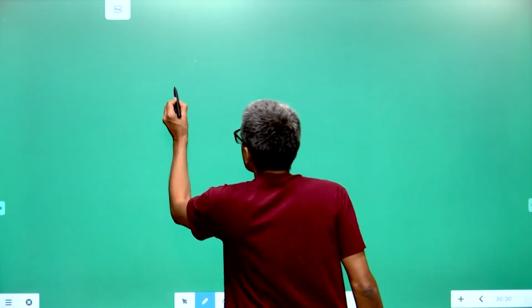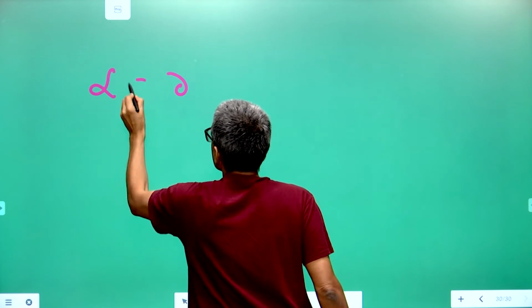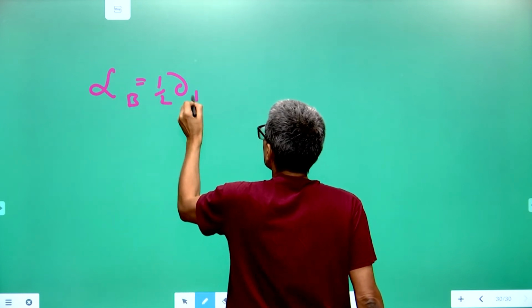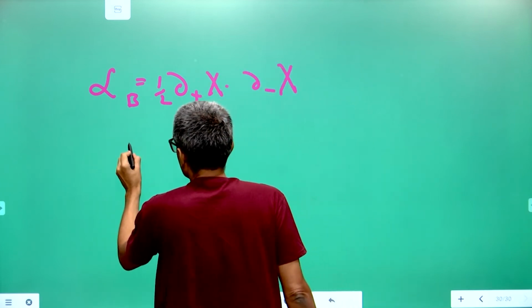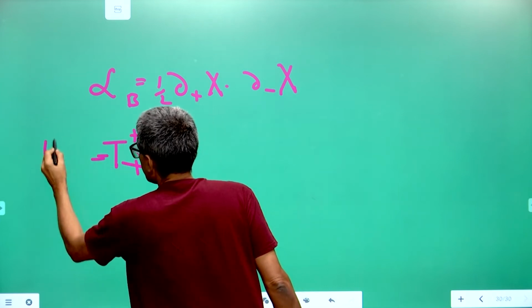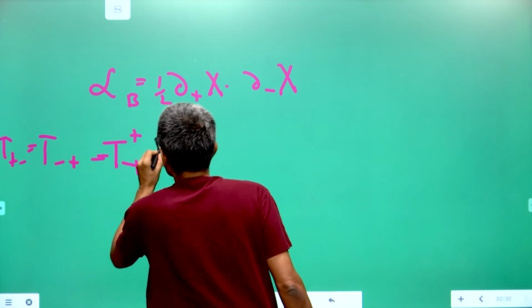Likewise, the trace of the energy momentum tensor of the bosonic field is also 0, because the bosonic string Lagrangian can be written as half dou plus x dot dou minus x. So if you calculate, for example, T plus minus, which is the same as T minus plus, what will you get?